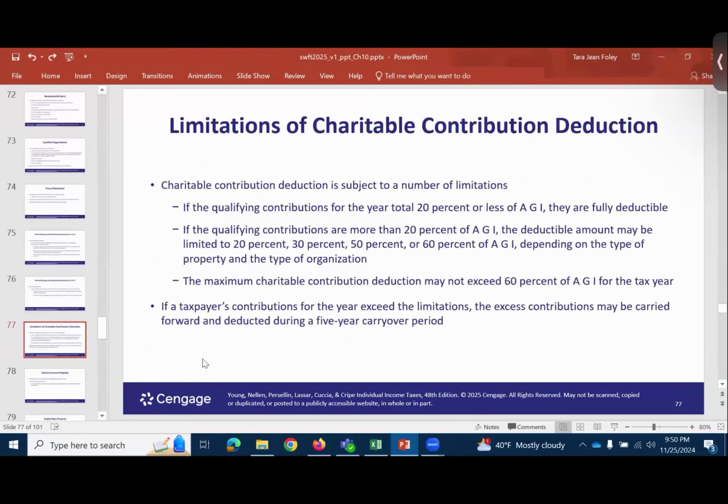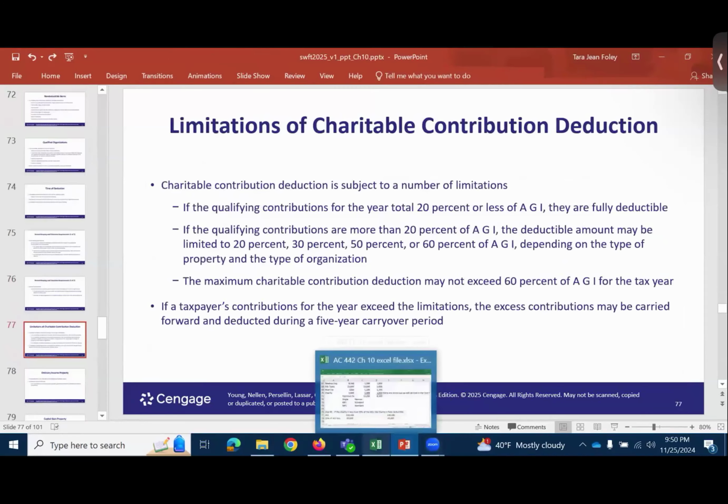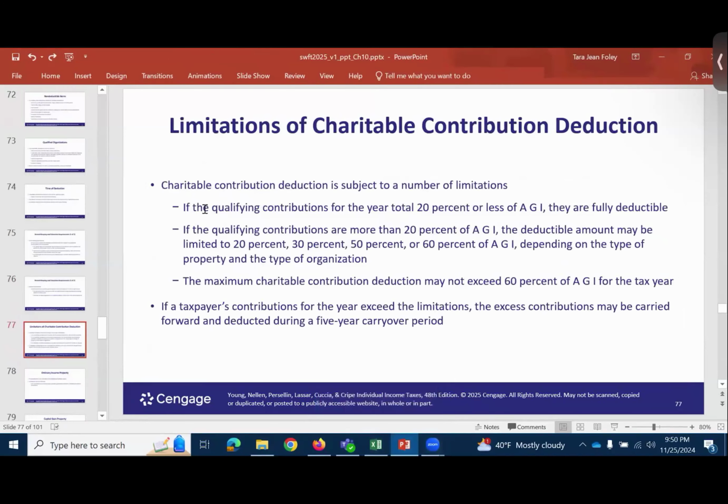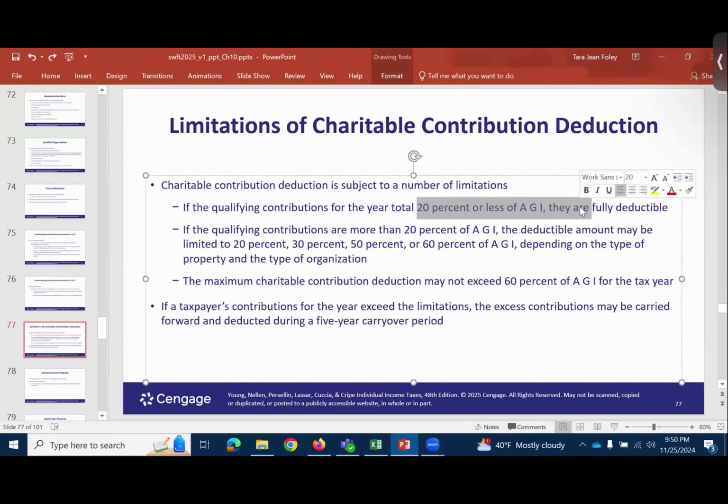So now here's the calculation. If the total of my contributions to charitable organizations is 20% or less of my AGI, everything's deductible.